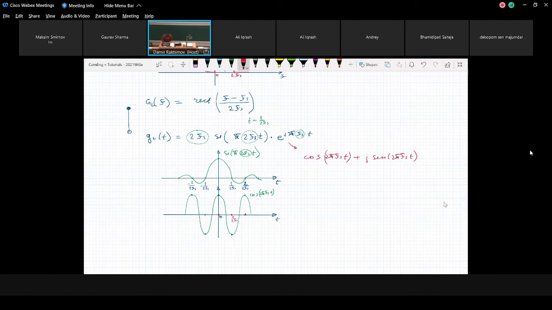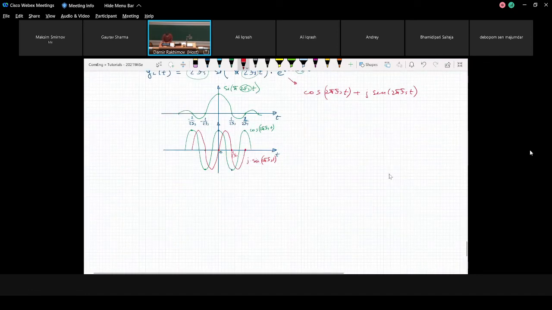So on this grid, we have values equal to 0. In between we have a positive half, then a negative half. And I have to write that it's j times sine pi fs t. Okay, we have cosine and we have sine.